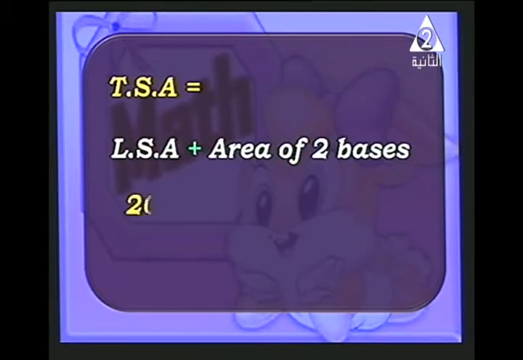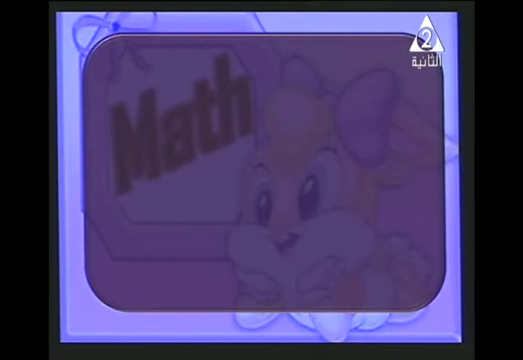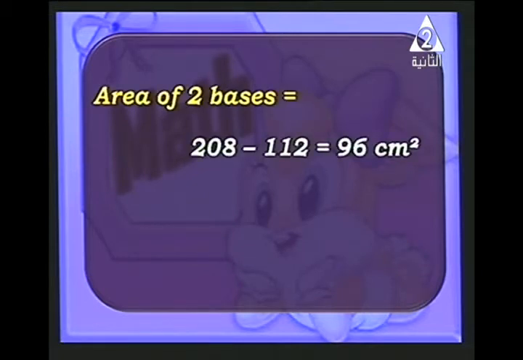Then what about total surface area? It's 208 equals lateral surface area, which is 112, plus the area of the two bases. Then what about the area of two bases? Yes, it is equal to 208 minus 112 to obtain a result of 96 centimeters squared, which is the area of the two bases.